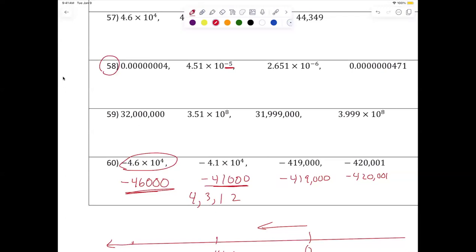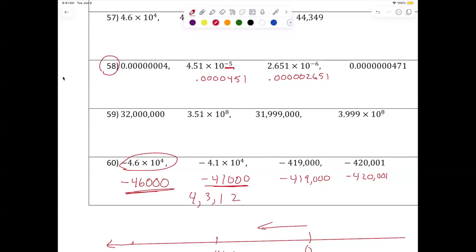So how many zeros do I need? 4 zeros. So 1, 2, 3, 4, 4, 5, 1. On the third one, how many zeros do I need? 5. Thank you very much. 1, 2, 3, 4, 5, 2, 6, 5, 1. There we go. Those are your numbers.